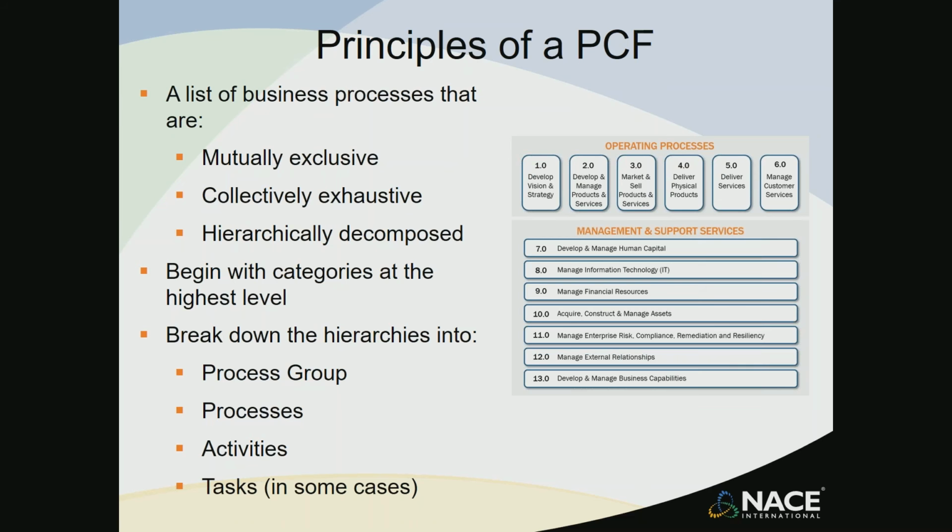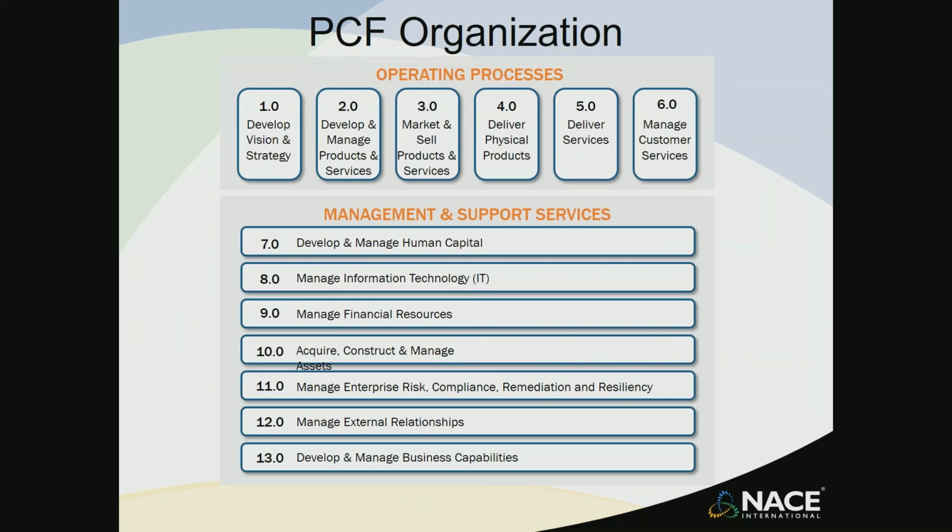Now, what makes this one different is that in each one of these operating process areas and management support service areas, we took a group of corrosion subject matter experts, and we identified in each one of these areas where there would be corrosion-specific tasks that should happen.